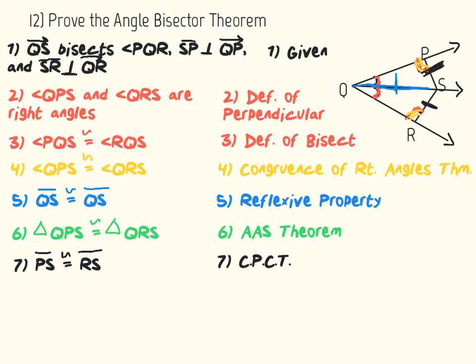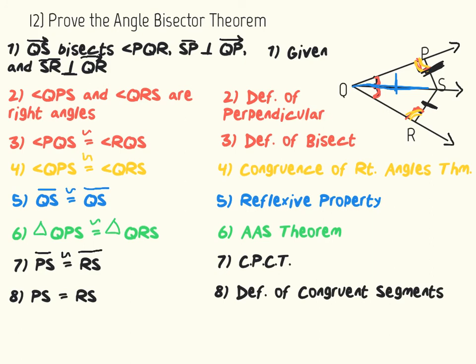Now the last thing we have to do is actually state that the lengths are equal to each other, because that's our goal to try to prove. So we actually have one more step, and that would be that PS is equal to RS, and that is by definition of congruent segments, going from congruent segments to equal segment lengths.